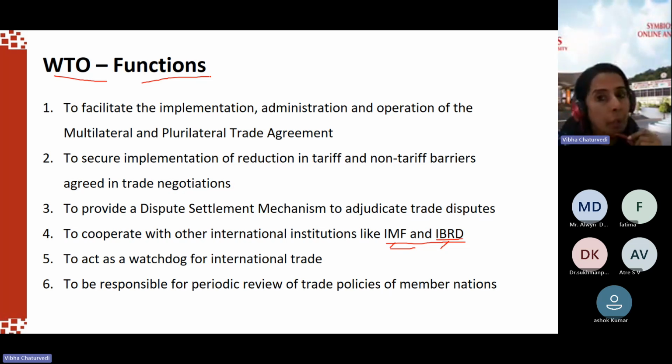For example, your trading currency can only be either a euro or a US dollar. Why? That is one question being raised. Then a lot of other such disconnects are there that need to be rediscussed. So there has to be a continuous review of these trade policies of the member nations.